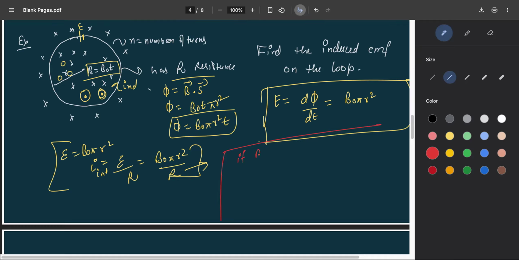Here the magnetic field is not linearly dependent. Then flux would be B naught pi R square t square. EMF will be the change in flux. If you differentiate this, you are going to get B naught pi r square times 2t.